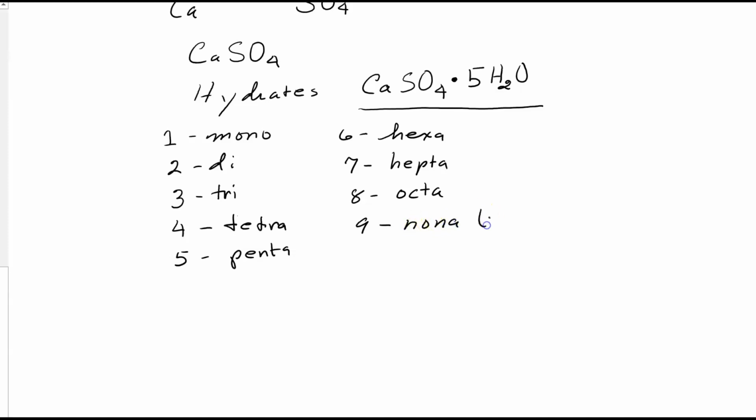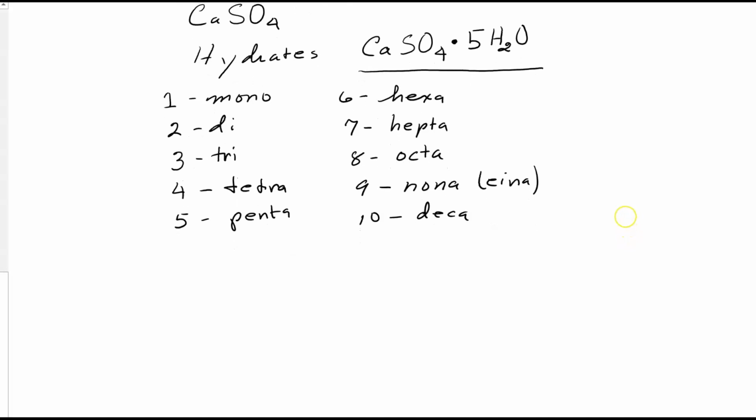Now you can change to ina, but we'll stick with nona for now. And 10 is deca. There are, of course, more. There's undeca, dodeca, etc., but for our purposes, up to 10 is enough.